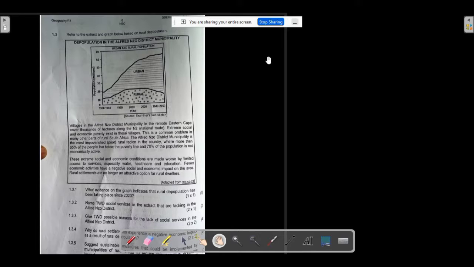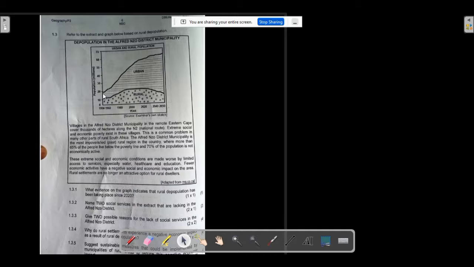So what do we see here? Of course we have two graphs here, and in the first graph, on the x-axis we have years, so we are going up in years and into the future actually, and the population is on the y-axis.